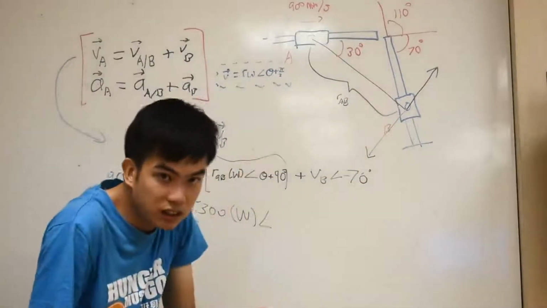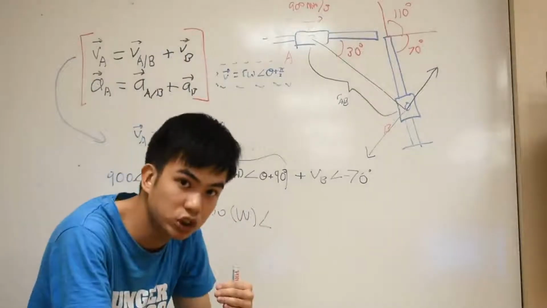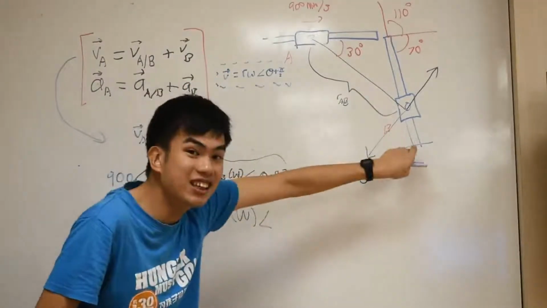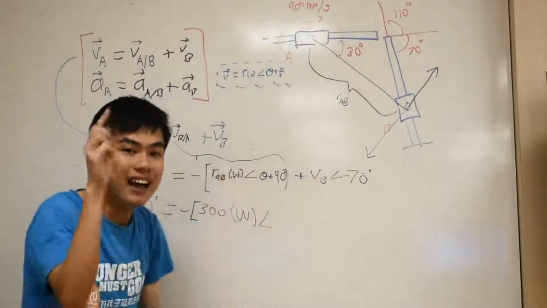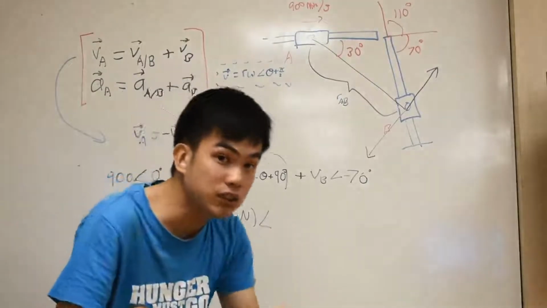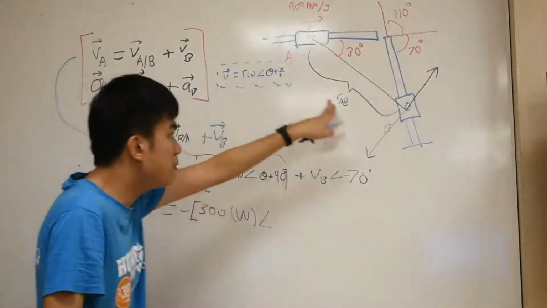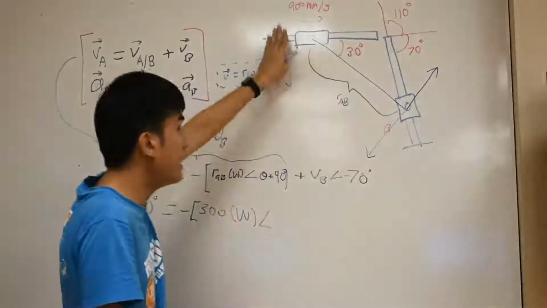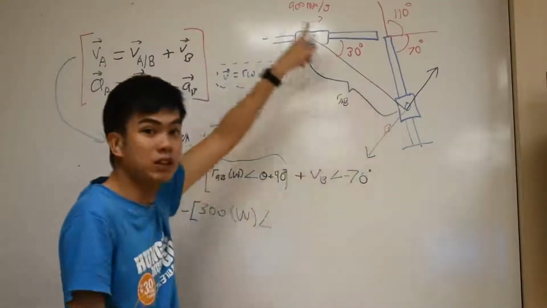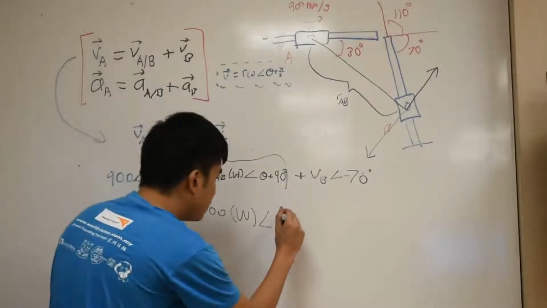And if the whole thing is registering a circular motion, the velocity of the object will be 90 degrees away from its position vector. Meaning to say, since B is registering a circular motion around A, and the position vector of B with respect to A is negative 30 degrees.